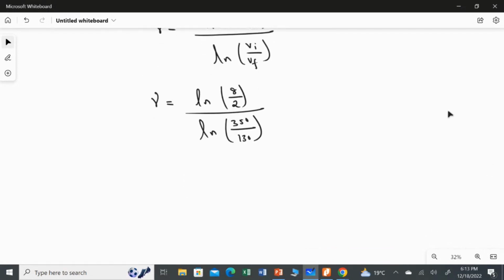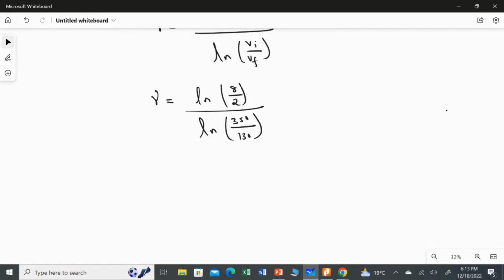Now if you calculate this, we get the answer for gamma as exactly 1.4.